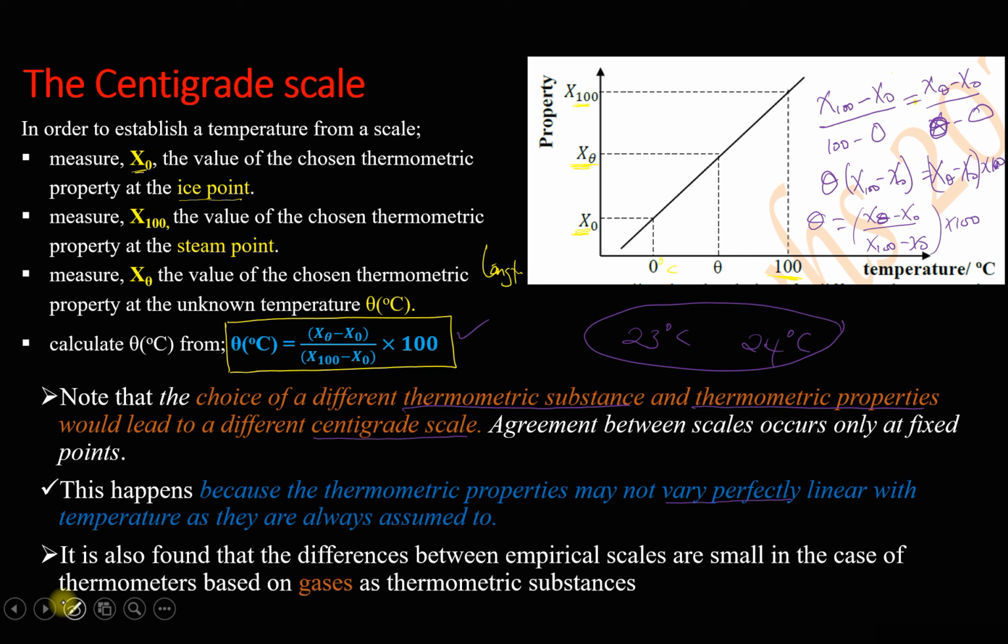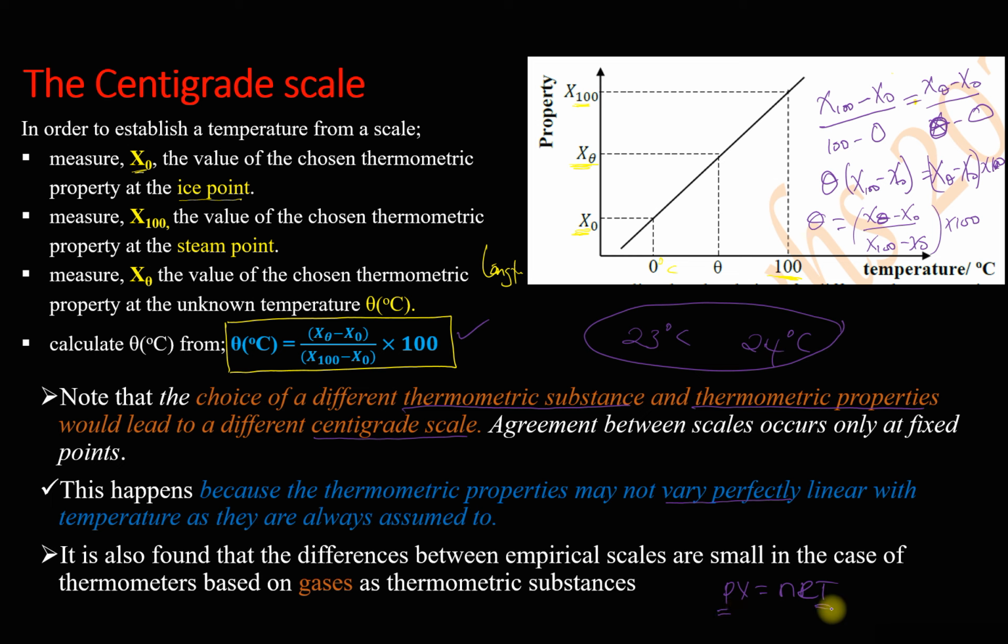But for thermometers relying on liquids, two thermometers may not agree on the same measurement because the thermometric properties may not perfectly vary linearly with the temperature as they are always assumed. But for gases, we mentioned in thermodynamics for ideal gases that PV equals nRT. So for an ideal gas, at a constant volume, pressure varies perfectly linearly with the temperature.